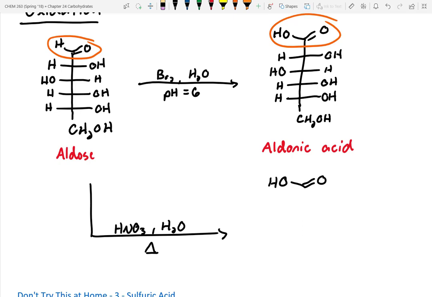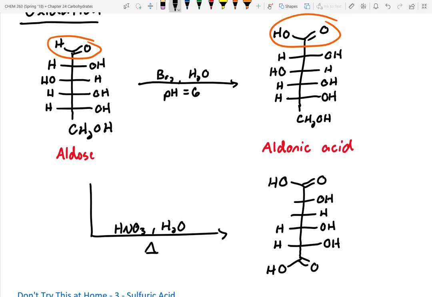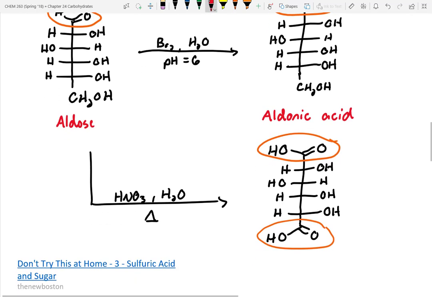Let me clean this up a bit. So the lower position will also get converted to the carboxylic acid. So in this one, we oxidize this top carbon and the bottom carbon. This is called an aldaric acid.